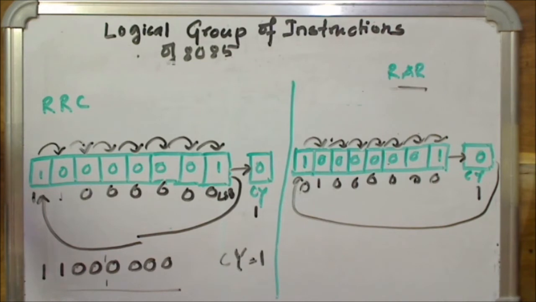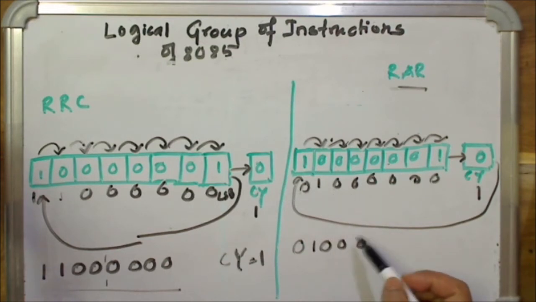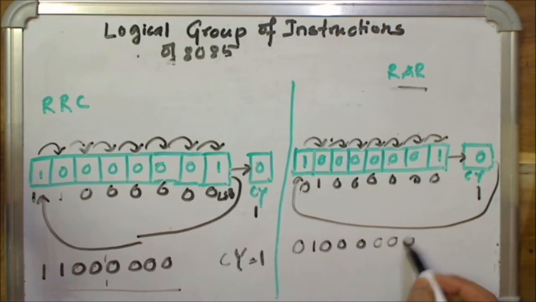So I hope this is clear. So new data is 0 1 0 0 0 0 0, okay, with the carry 1.